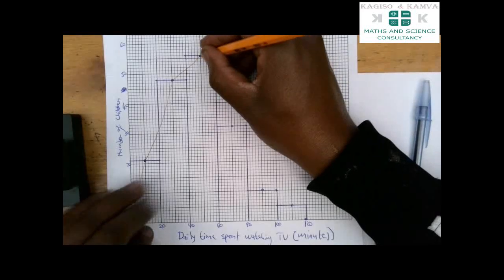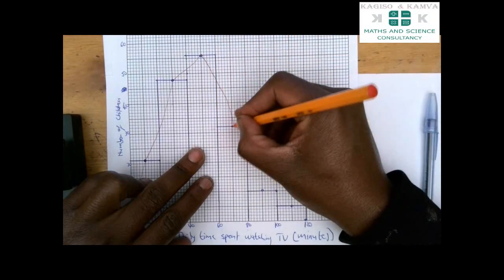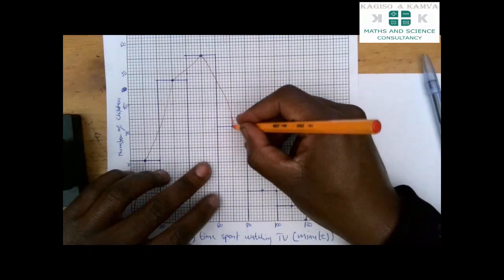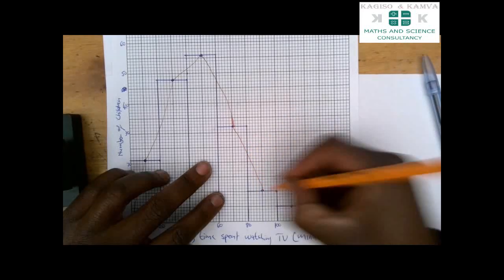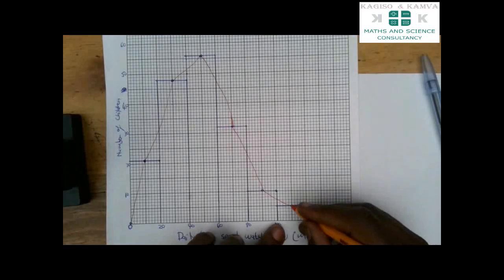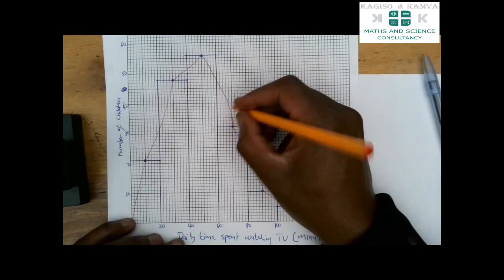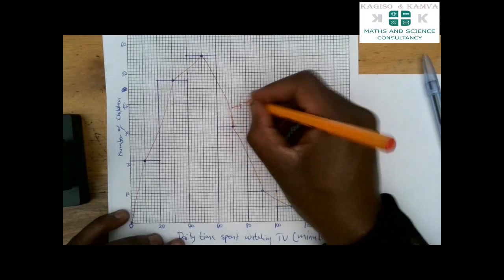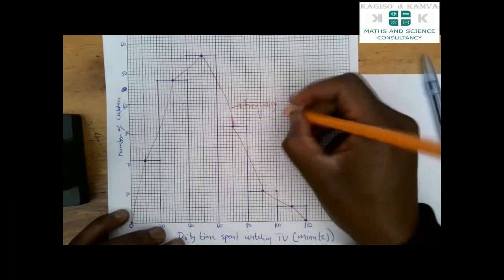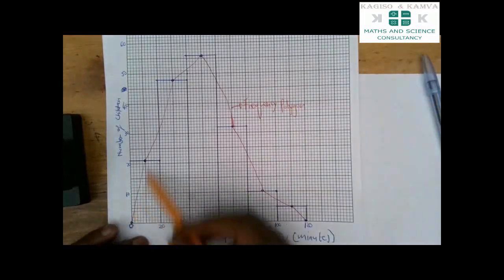So you can use the histograms to plot a frequency polygon. Sorry, my mistake there. A straight line like that, and you come to this midpoint and you drop it there. This one in red will be a frequency polygon. It is a straight line.